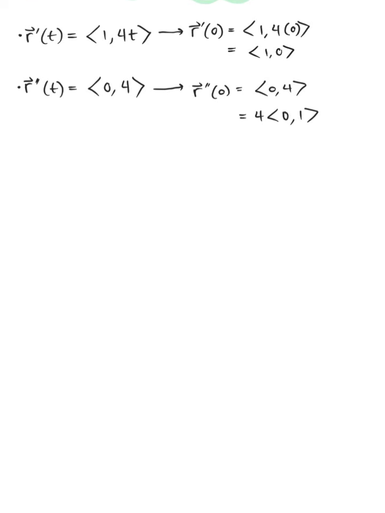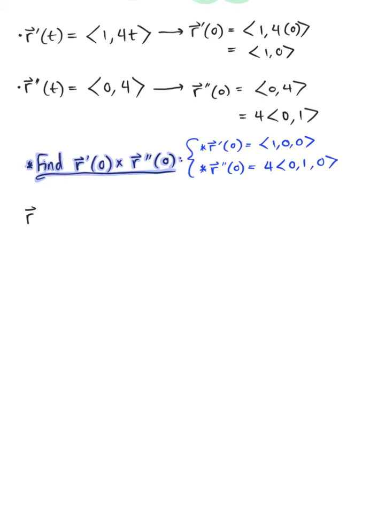Now keep in mind that the cross product is defined in R3, and we have two vectors here in R2. So in order to compute this cross product, we need to add the z component, which will be 0. So here we have the cross product of the velocity vector and the acceleration vector at t is 0.